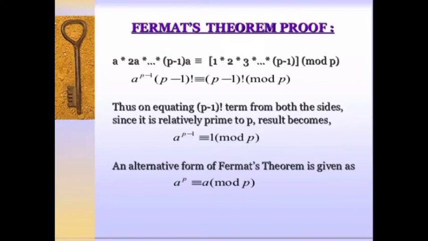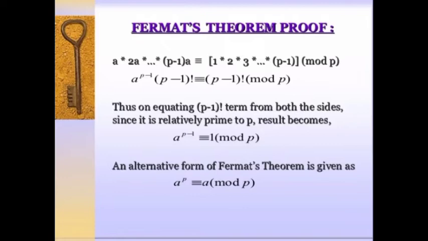So a raised to the power of p minus 1 times the quantity p minus 1 factorial is congruent to the quantity p minus 1 factorial mod p. Thus, on equating the p minus 1 factorial term from both sides, since it is relatively prime to p, the result becomes a raised to the power of p minus 1 congruent to 1 mod p.